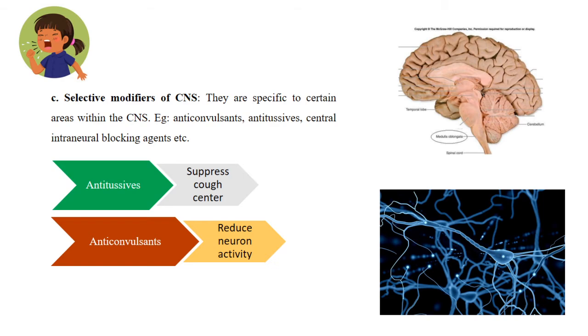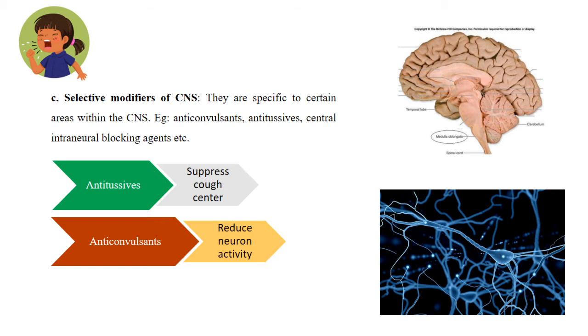And the next one is anticonvulsants. This convulsion is mainly due to overactivity, that is over nerve impulse, over communication between neurons. Because of this over communication, over electric signals within the neurons, the brain will be confused, and because of this epilepsy is caused, that is convulsion.